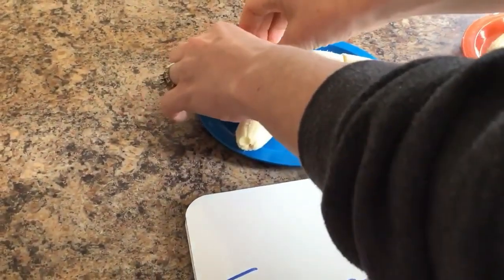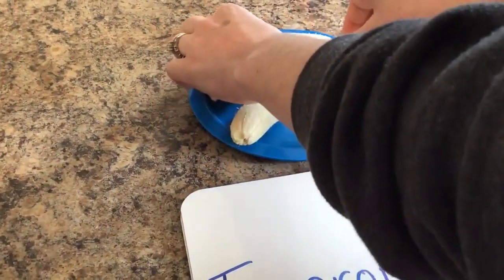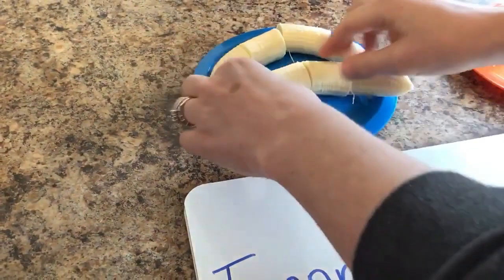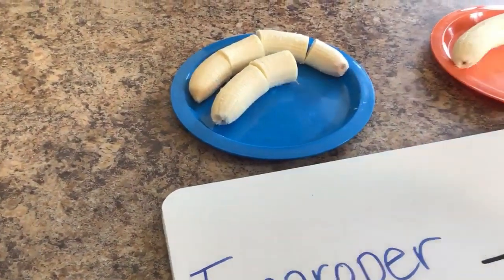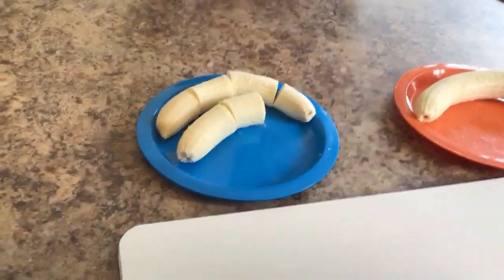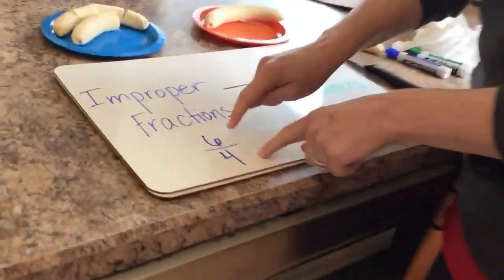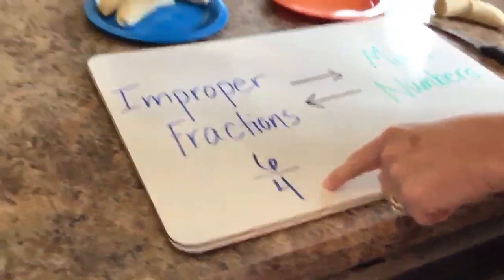So 1, 2, 3, 4, there's 4 fourths, and then 2 more fourths, that's 6 fourths, okay? So that 6 fourths is this right here.